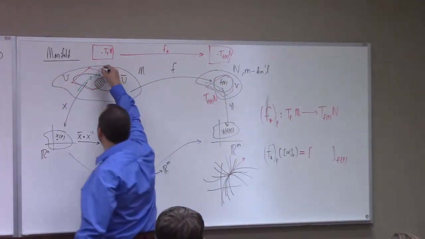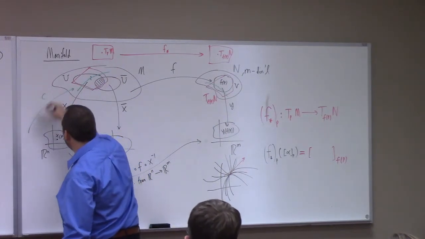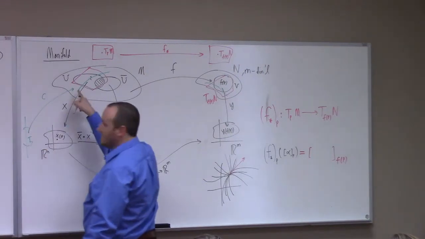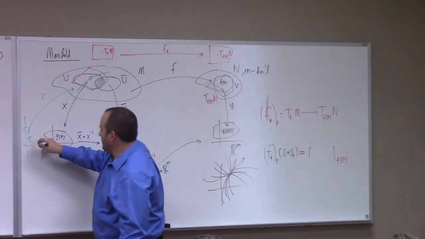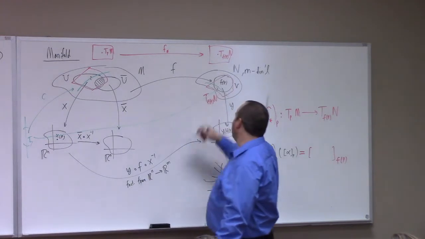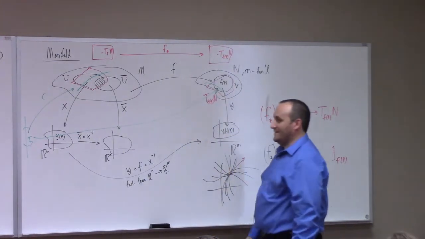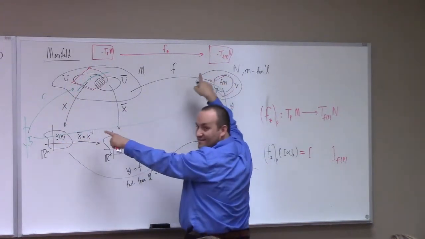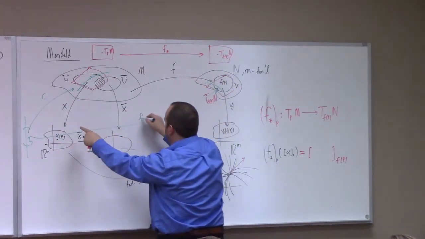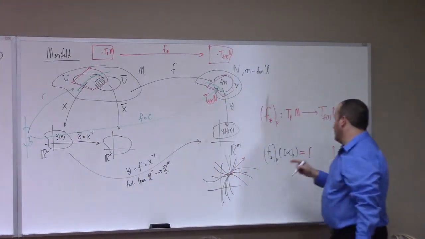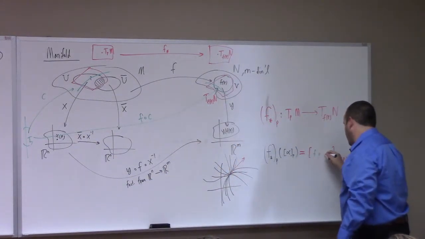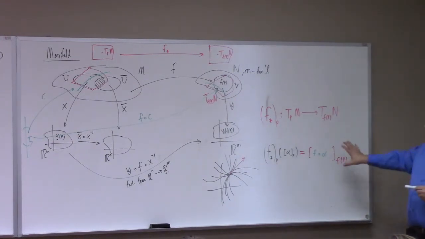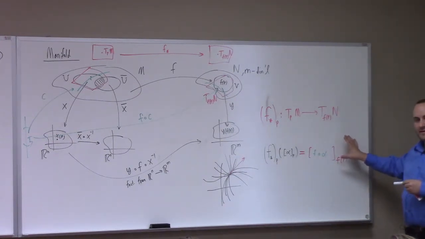If this is the curve C, then how do I get over to here? Right? That's F composed with C. So this is F composed with alpha. That, in fact, defines the manifold theoretic analog of the differential.